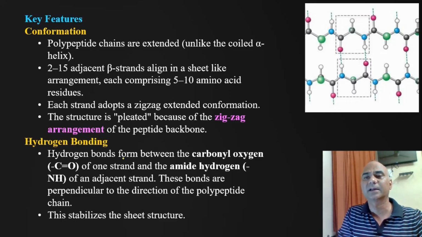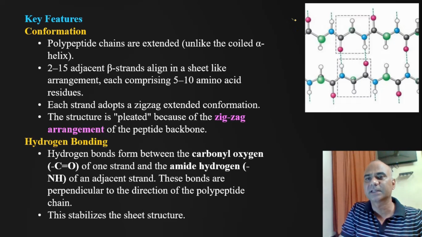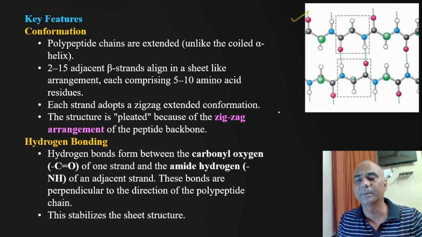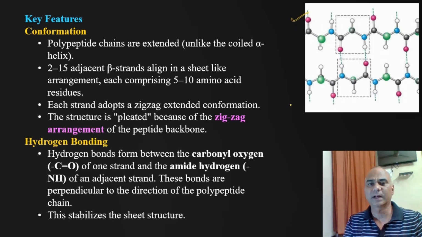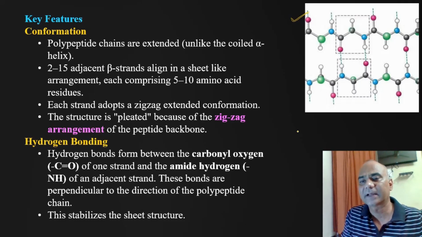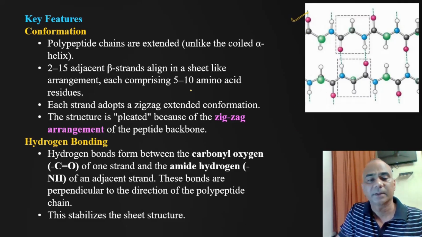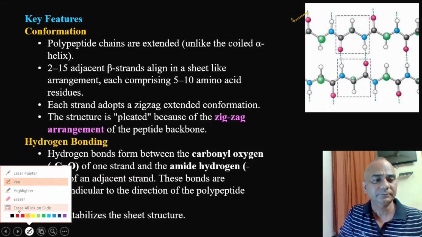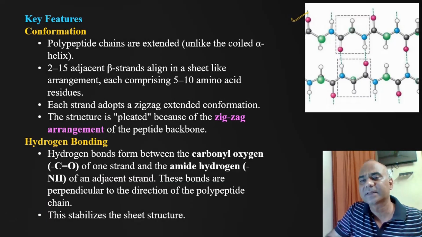here you can clearly see in this image. This image is showing the beta pleated structure, and what I am explaining here is that, as you can see in this figure, this is the backbone of a polypeptide chain. This backbone makes a zigzag arrangement.